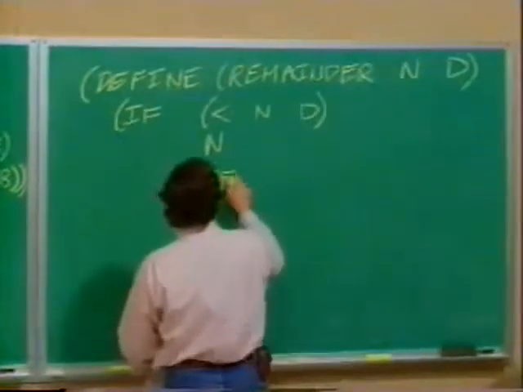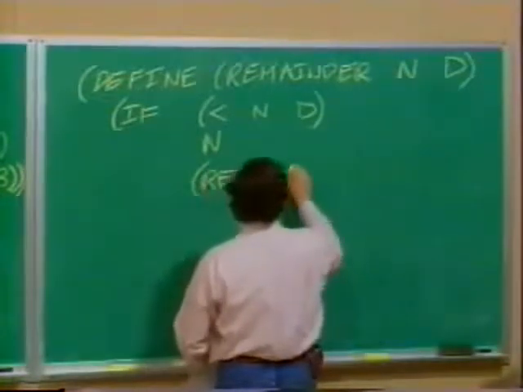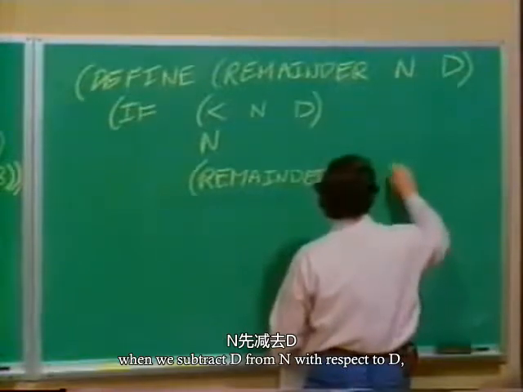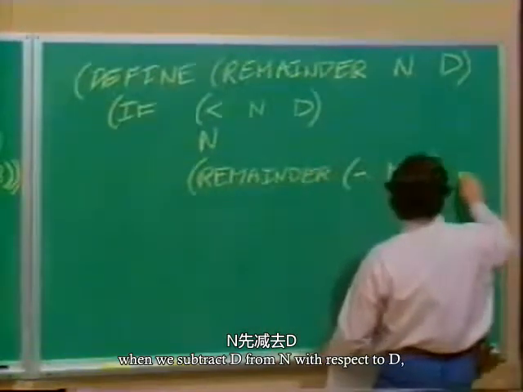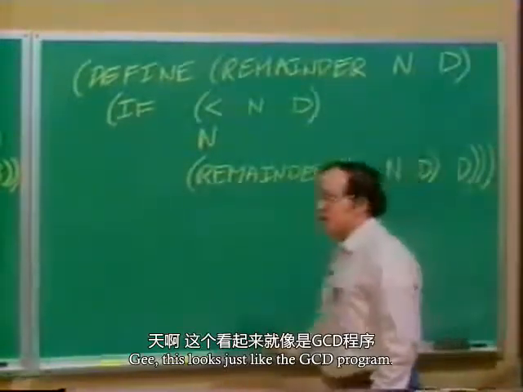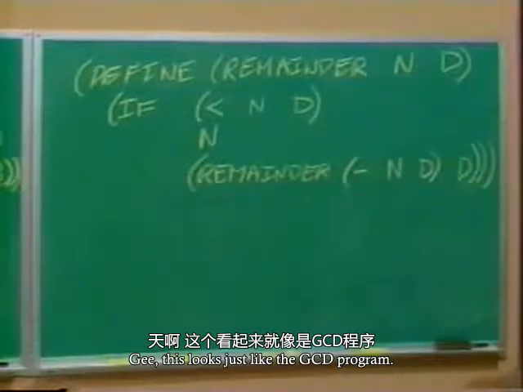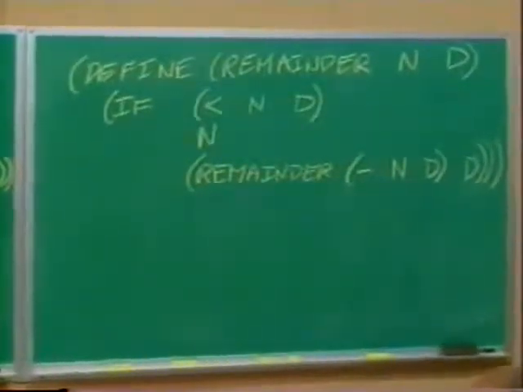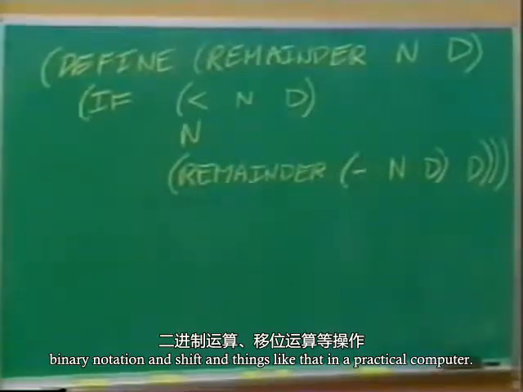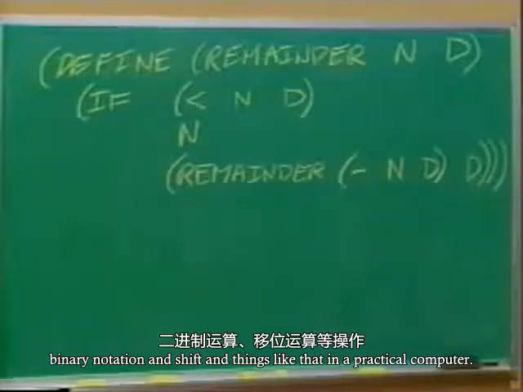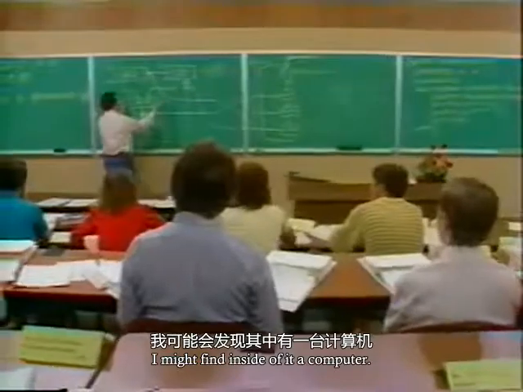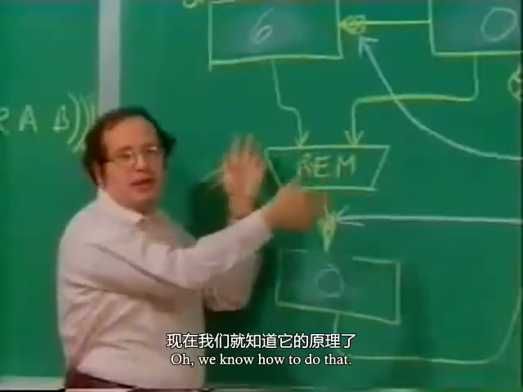Otherwise, the remainder when we subtract d from n, with respect to d, when divided by d. Gee, this looks just like the GCD program. Okay. Of course, it's not a very nice way to do remainders. You'd really want to use something like binary notation and shift and things like that in a practical computer. But the point of that is that if I open this thing up, I might find inside of it a computer. Well, we know how to do that.